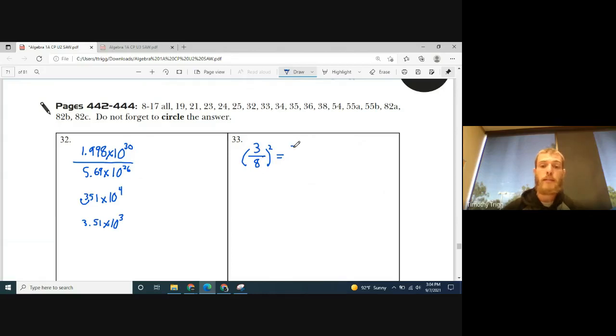So you could rewrite this as 3 squared over 8 squared, right? This power goes to both the numerator and the denominator. Here, 3 squared means 3 times 3. So we can write that as 9 over 8 times 8 is 64. This fraction does not reduce, so that's as simplified as we can get.